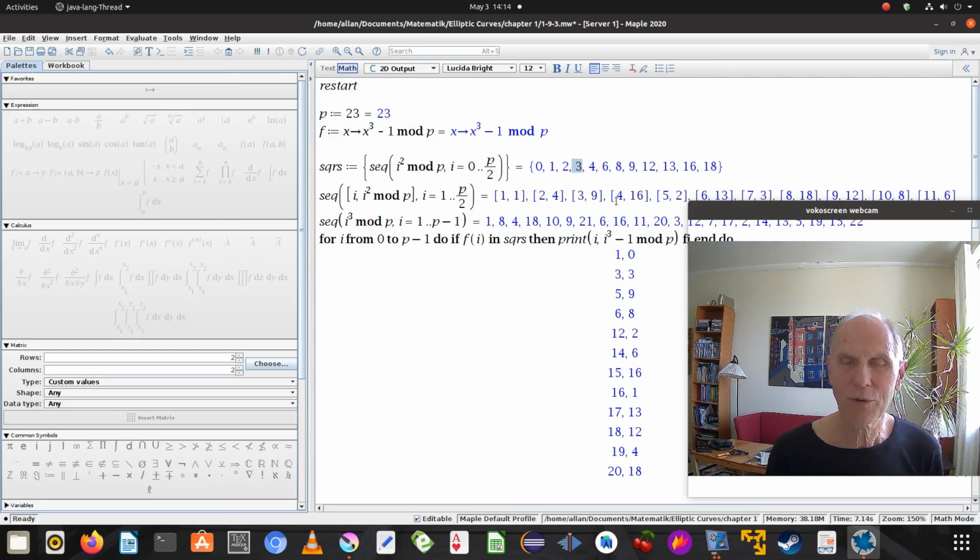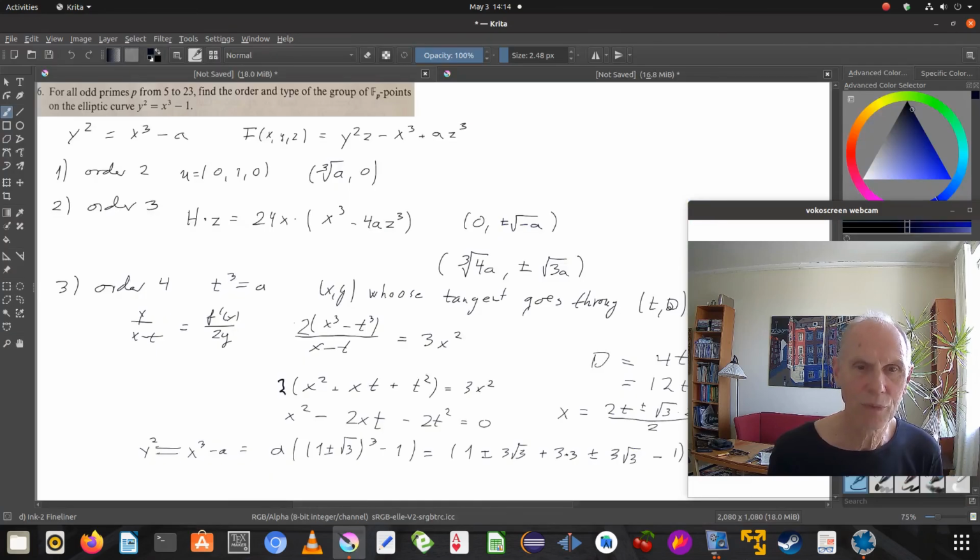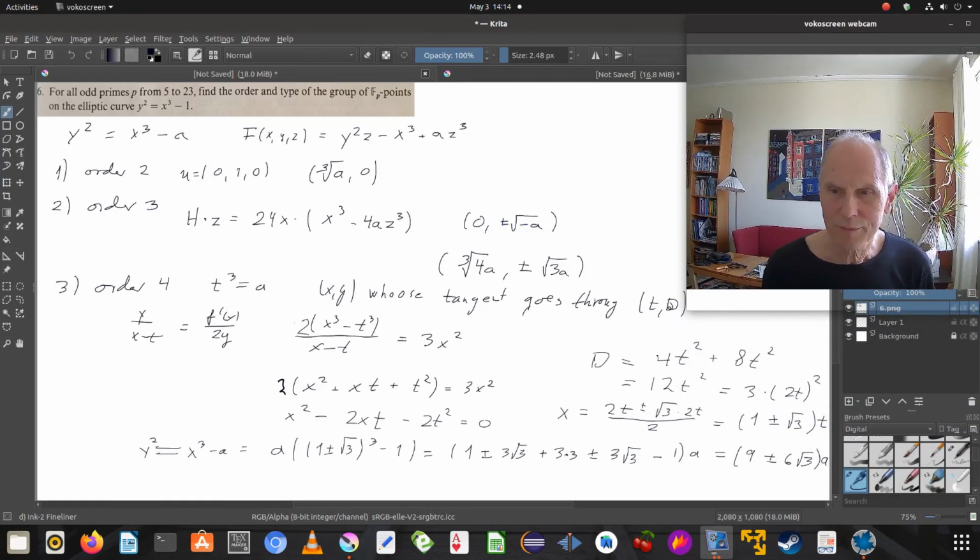Three is the square root, and I wanted to know, it's 7. The square root of 3 equals 7. So the x values are 1 plus minus 7.